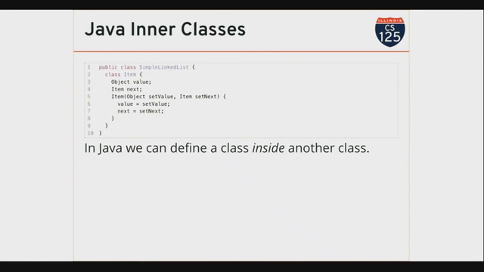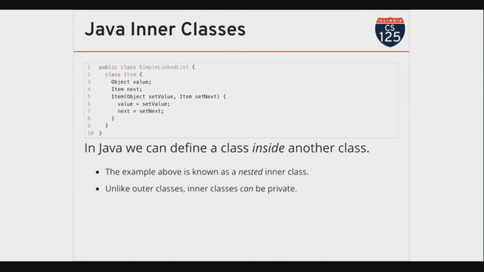I can provide methods for it, I can create constructors for it, it can have state and data, and implement algorithms. It's just another class. Except there are a couple of new things I can do. There are several different types of Java inner classes. This is what's called a nested inner class, because it's nested inside an existing class.